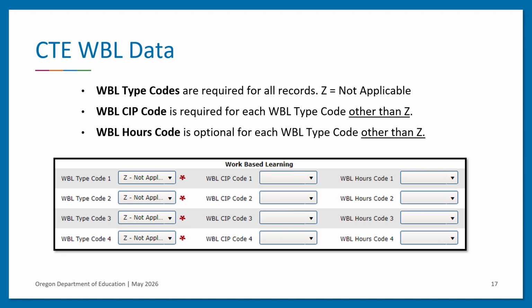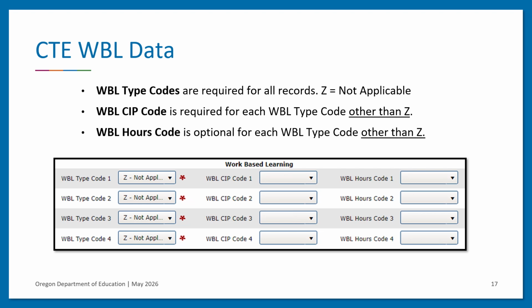When work-based learning type code is Z, leave the corresponding work-based learning SIP code and work-based learning hours code fields blank. Like the multiple CTSO entry possibilities discussed with the previous slide, CTE student can receive up to 4 separate work-based learning experiences for a single student row.